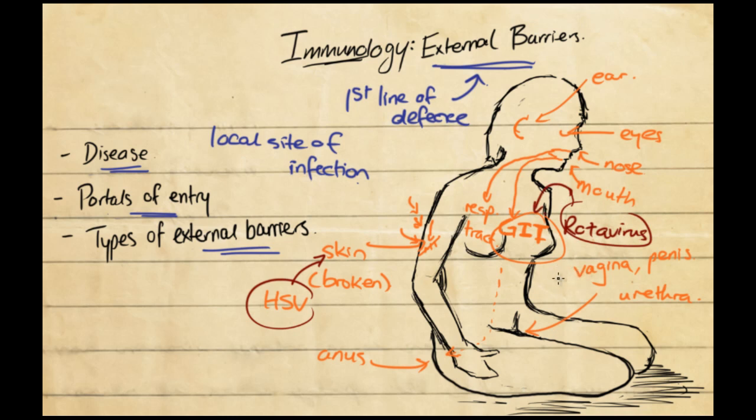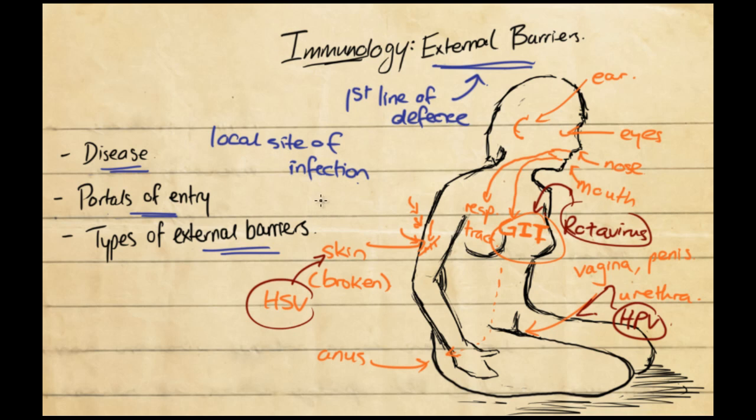Some other viruses, such as the human papillomavirus, which causes warts, can enter via routes such as the vagina. Now that you can see that there are lots of different ways that bacteria and viruses can get into our body, let's look at the different types of barriers that our body has.